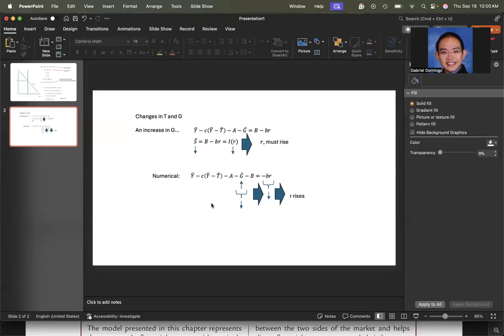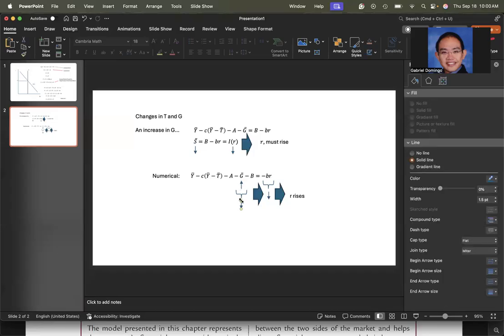Here's another way of viewing it, which is closer to the numeric one. If you'll notice, if G goes up here, there's a negative G. So negative G times a positive increase is going to be a decrease in negative G. So if the left-hand side goes down, then the right-hand side has to go down also. This is negative BR. Notice that the big B here has moved to the other side.